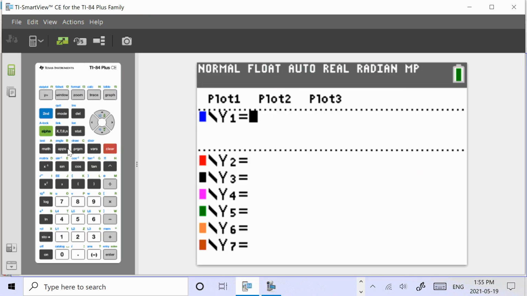So go to y1 and type in x to the power of 4 plus 2x cubed minus 7x squared minus 8x plus 12.